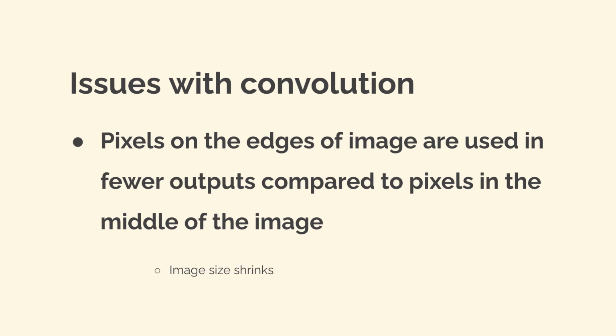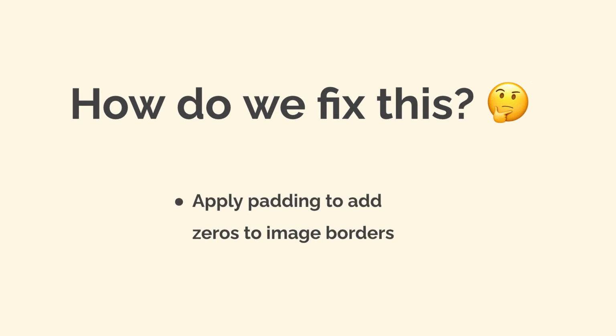And so how do we handle this issue? Because this is going to cause your image size to shrink, and you don't want that to happen. Even though you are reducing your image dimensionality and the number of features you need to represent an image, you don't want to actually shrink the image size itself, because you could lose valuable data if you do that. So how do we address that issue?